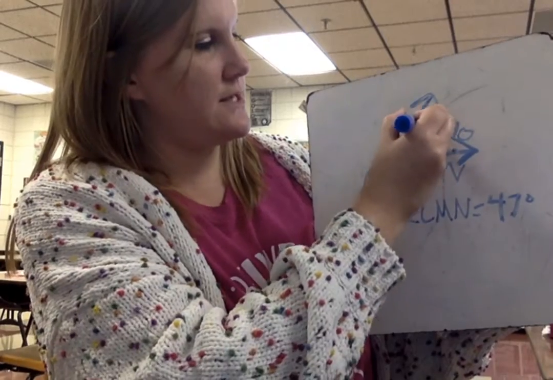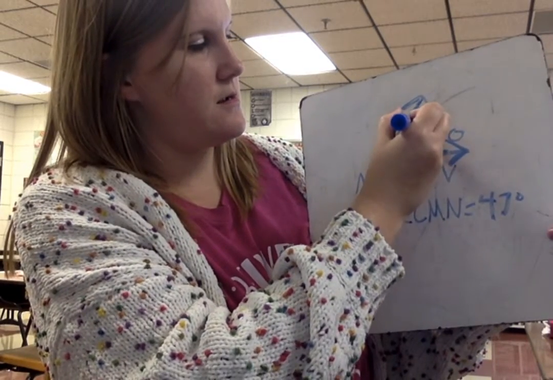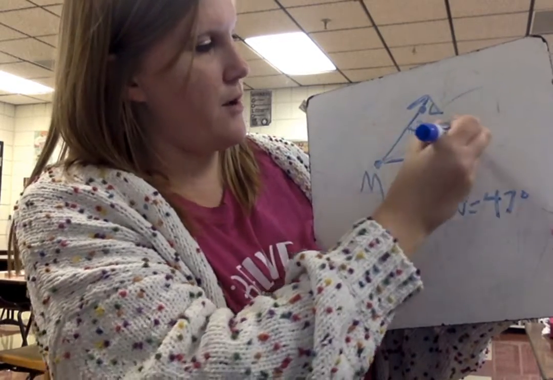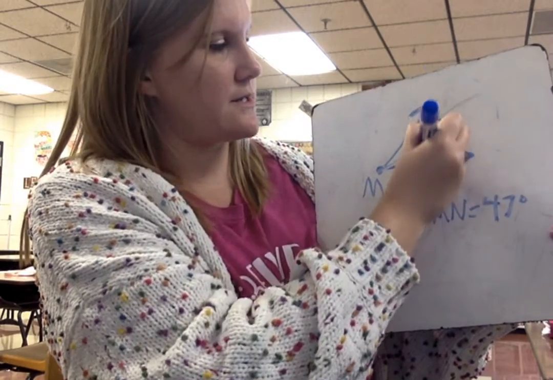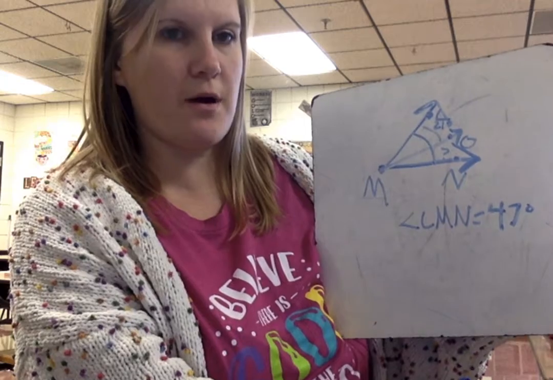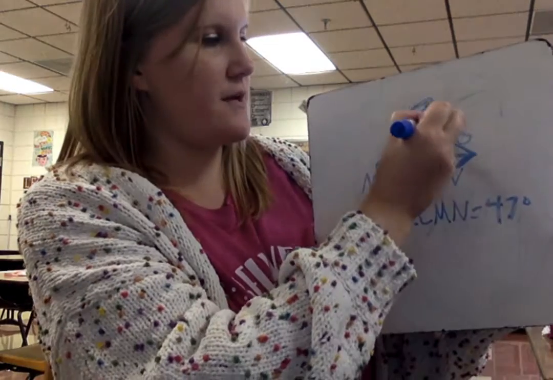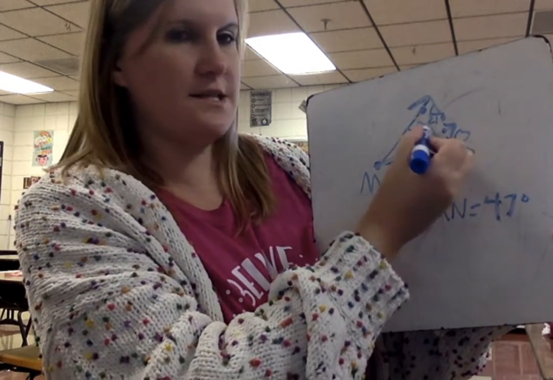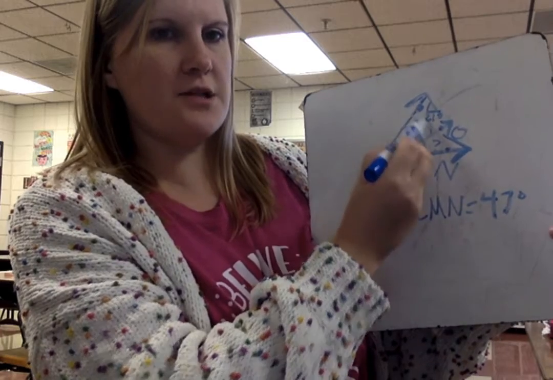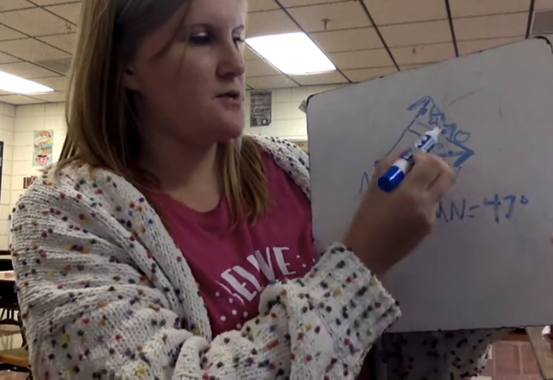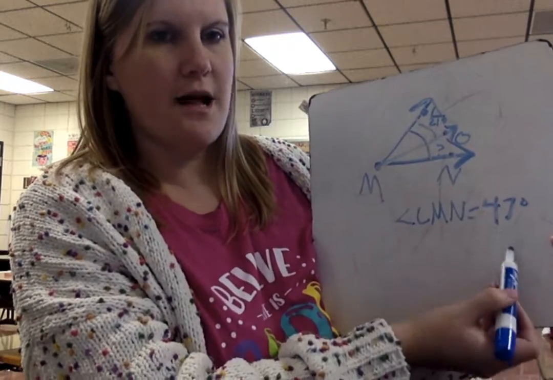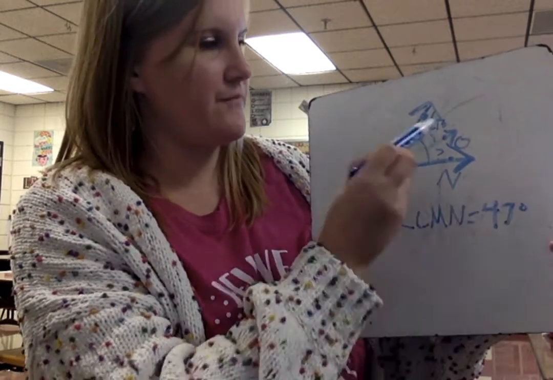Part of it, this part up here, LMO, measures 21 degrees. How much does this other part measure? So I got part of it as 21. What's the second part? So remember, these two parts are going to be added together to get 47. So I got to figure out what this last part is. It's going to get me to 47.